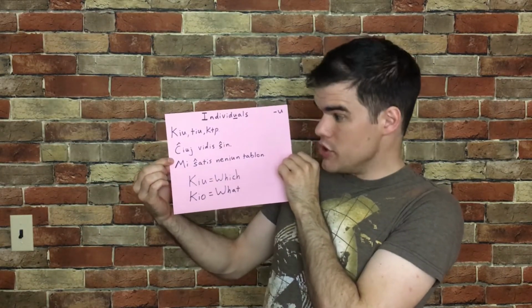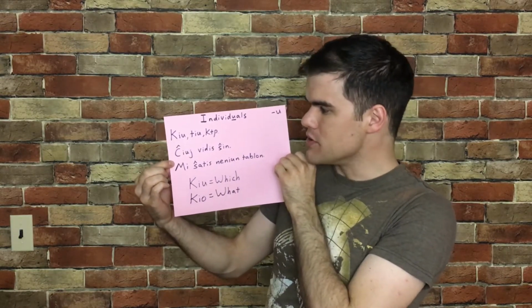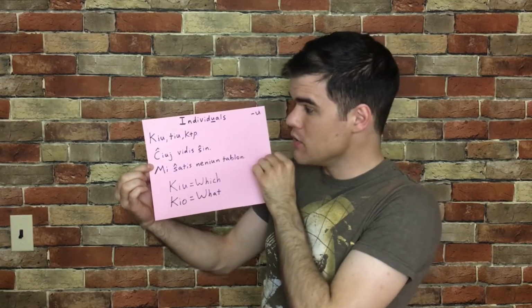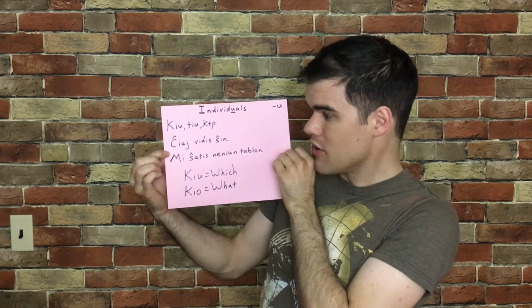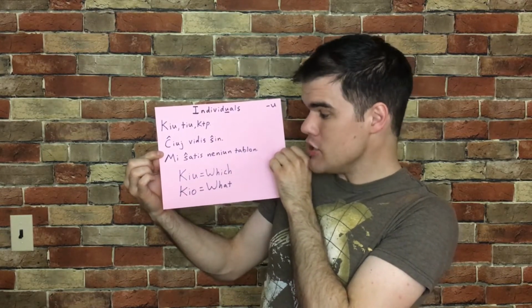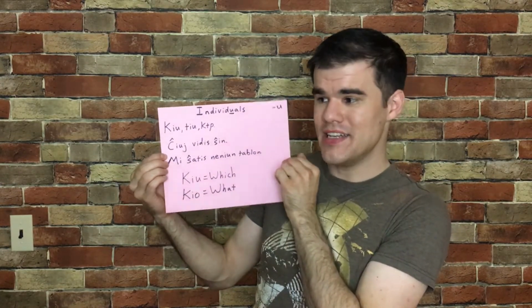Kiu, tiu, iu, niu, chiu, and niniu, okay? Who? That person, or that thing, something, everything, nothing, okay? Chiui vidis shin. Everybody saw her. Mi shatis neniun tablon. I liked no table. I liked none of those tables, okay?